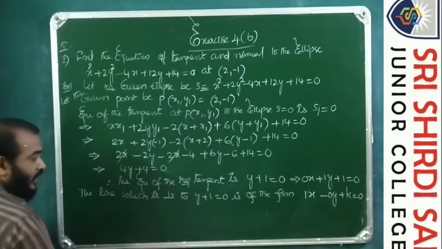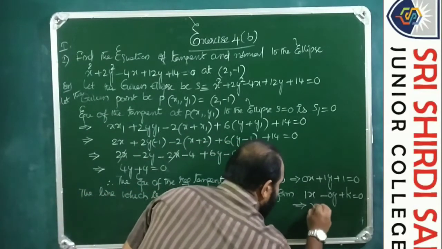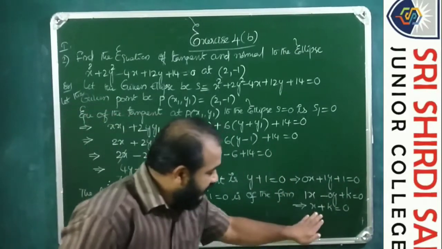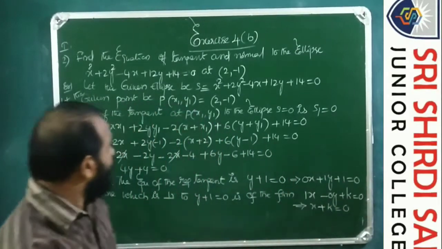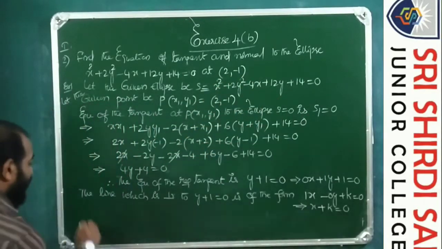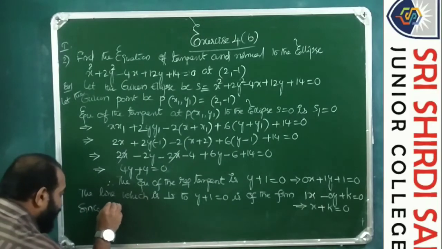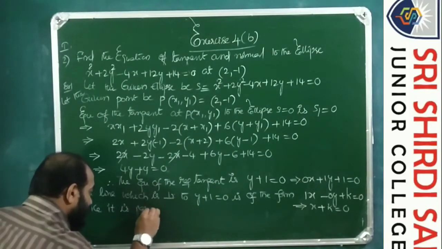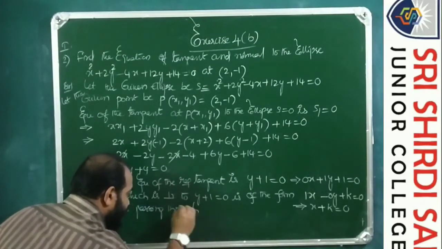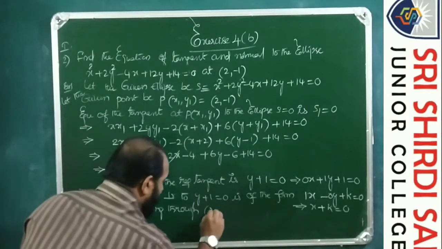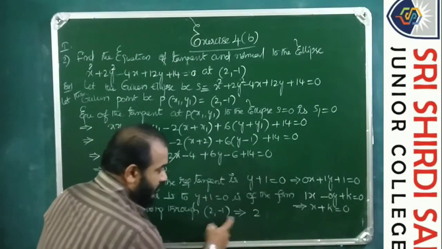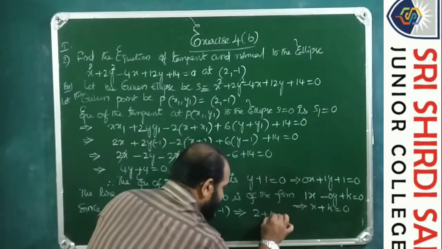Therefore this is x plus k equals 0, and this normal is passing through (2, -1), which we have seen before also. Since it is passing through (2, -1), substitute 2, y is absent, plus k equals 0.